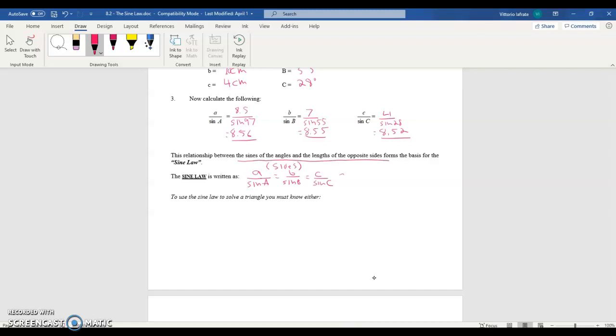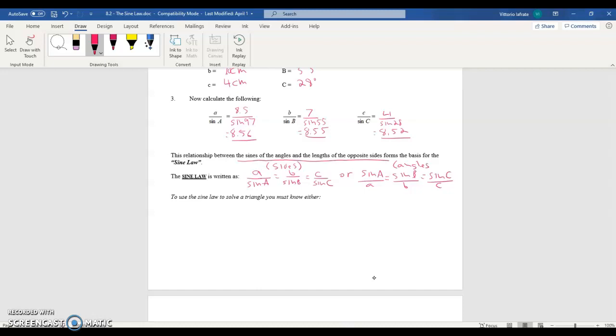You could also write it, because it's a ratio, like this: sine of angle A over length of A is equal to sine of angle B over length of B is equal to sine of angle C over length of C. You can write it like this, but only when you're looking for angles specifically.